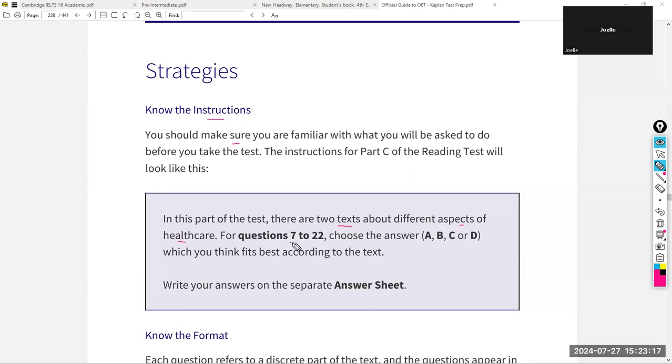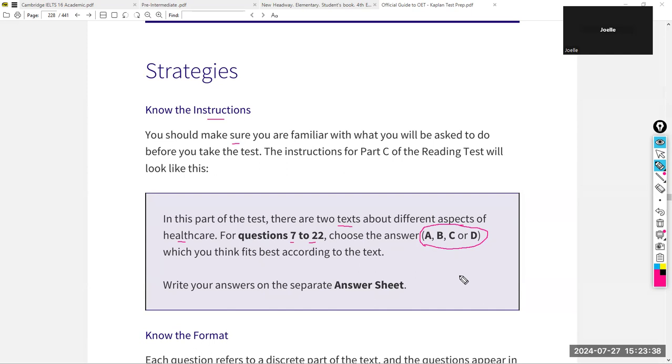Now we have the questions from 7 to 22, but keep in mind that part C has 4 multiple choices, not 3. Sorry, if you notice in part B that we have 3 multiple choices, but keep in mind that here in part C, we have 4 multiple choices.